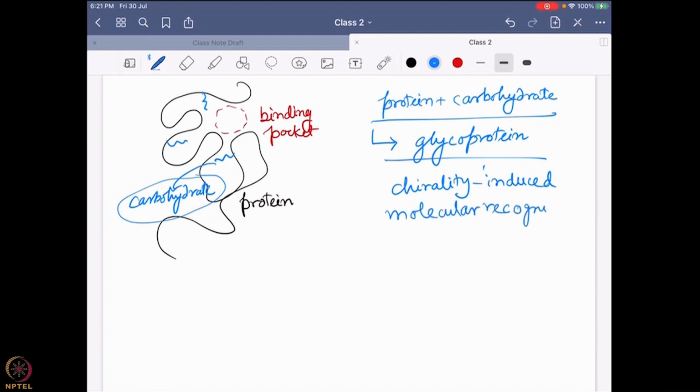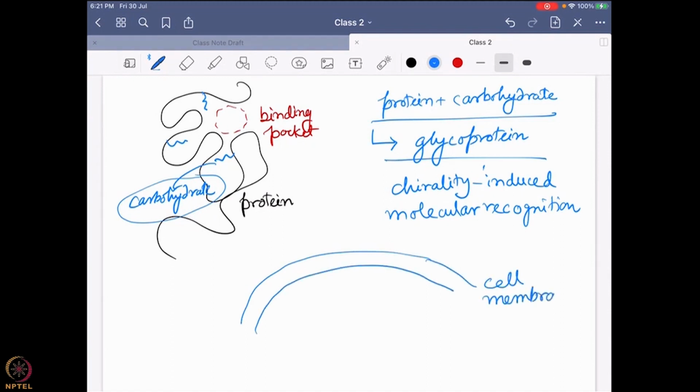Why? Because most of such kinds of glycoproteins, where they are found, are generally found on the cell membrane. Okay, so it is found on the cell membrane. So if you look into the cell membrane, and if I want to cut off a chunk of it and look very carefully over there, you will find that what is there?